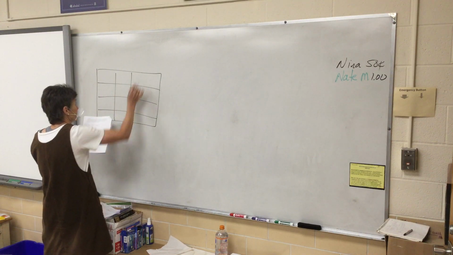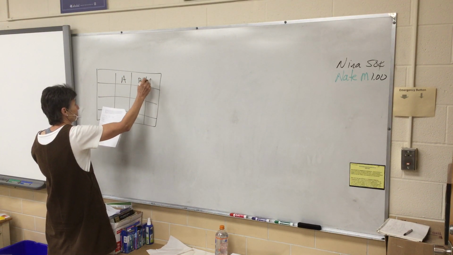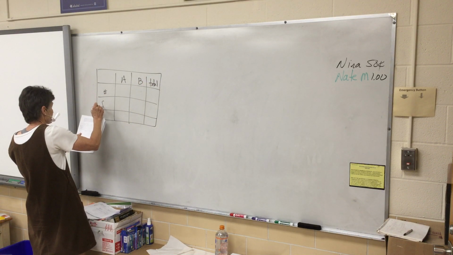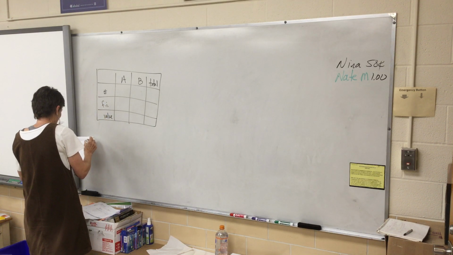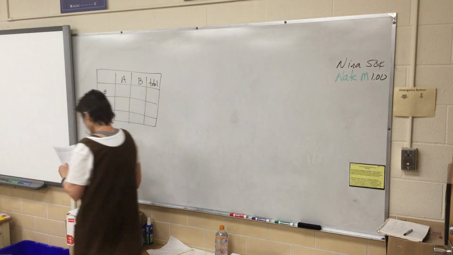Here we go. So we've got questions A or type B, and we got total, number, fixed interval, and value. And we're gonna maximize something, and our constraints.